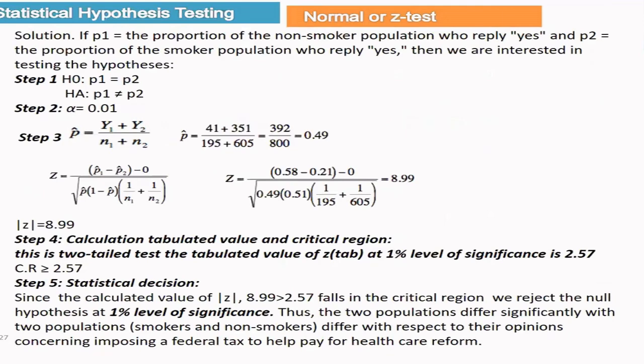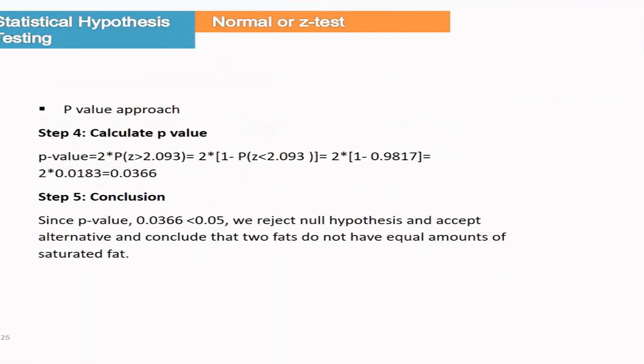I put that value for you, approximately 0.9817. Let us check it. Yes, 0.9817. Our table has two decimals, 2.09. So the tabulated value of Z less than 2.09 is 0.9817. Subtract from 1 and multiply by 2, and you will get 0.0366. So our p-value, finally, is 0.0366.